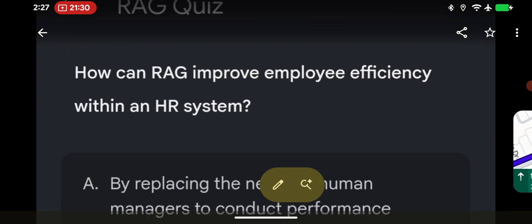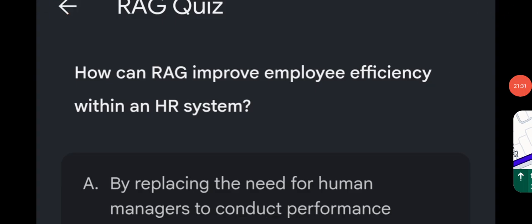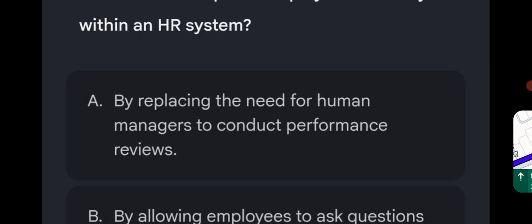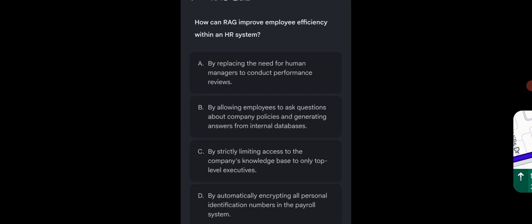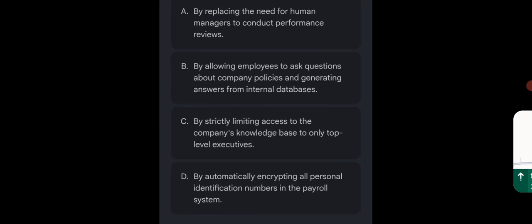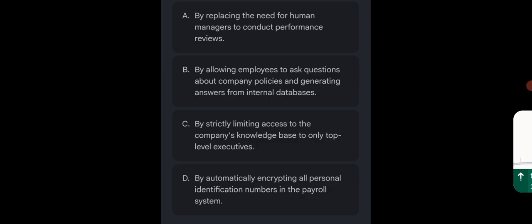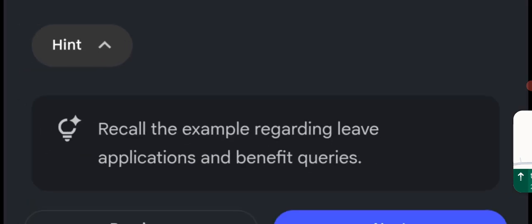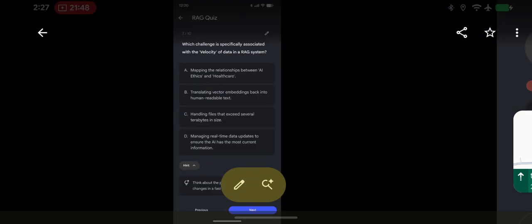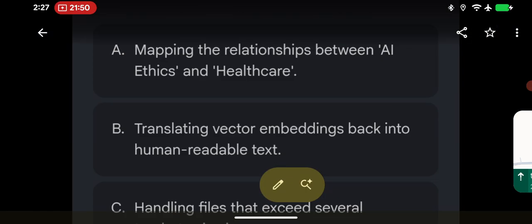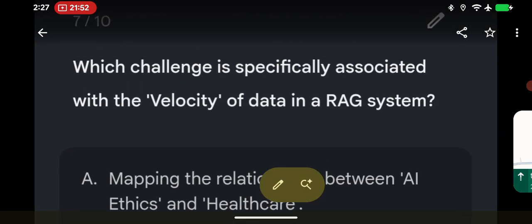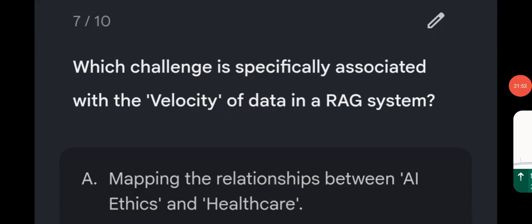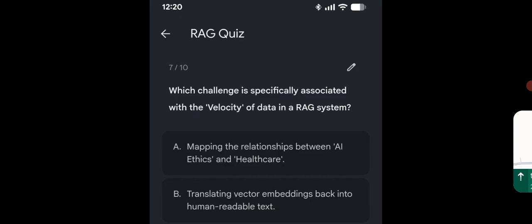Next question: how can RAG improve employee efficiency within an HR system? Here are the response options, and here are the hints. Next question: which challenge is specifically associated with the velocity of data in a RAG system?